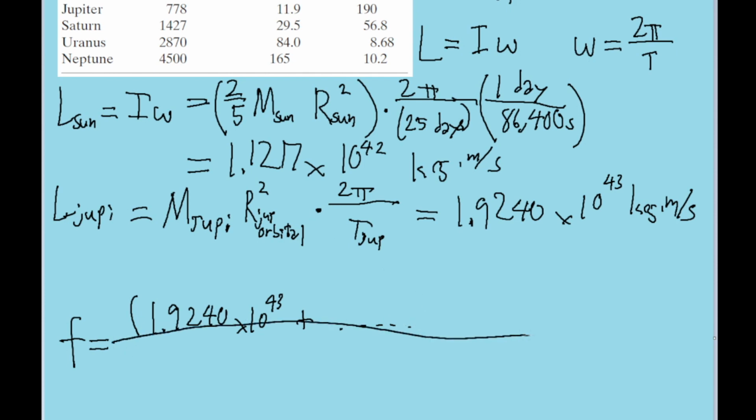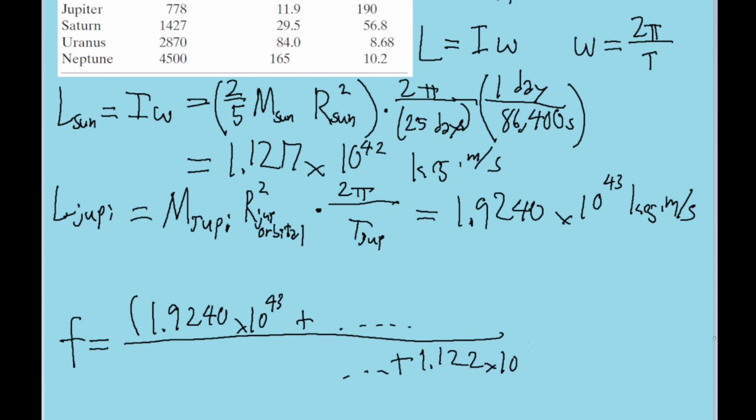And then in the bottom half of the ratio, you do that exact same thing, except at the very end, add the angular momentum that we found for the sun, about 1.122 times 10 to the power of 42. Putting all this into our calculator, we find a ratio of about 0.965. So that's a pretty high ratio.